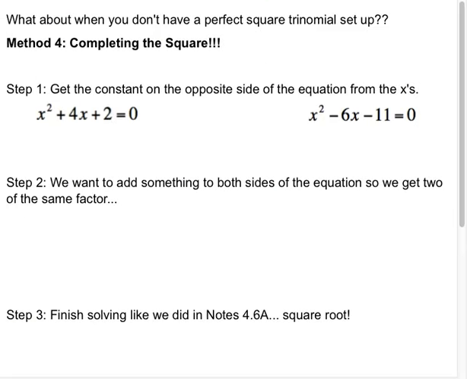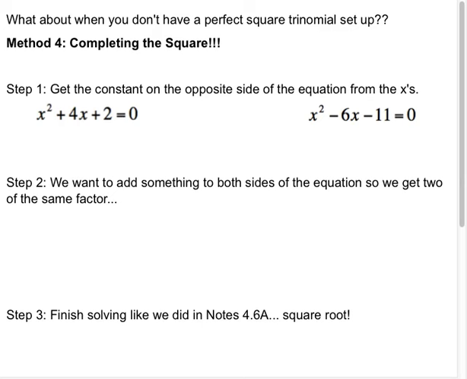Now, sometimes we don't start with a perfect square trinomial, okay? So when we don't start with a perfect square trinomial, that means we have to manipulate it, okay? We have to get it to become a perfect square trinomial. So in this instance, we're calling this completing the square, okay? This is our fourth method.